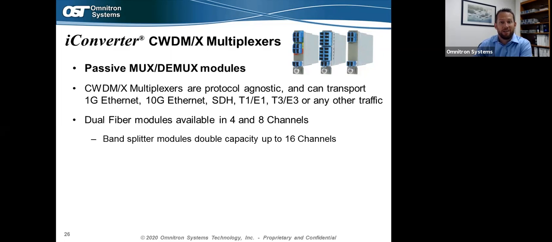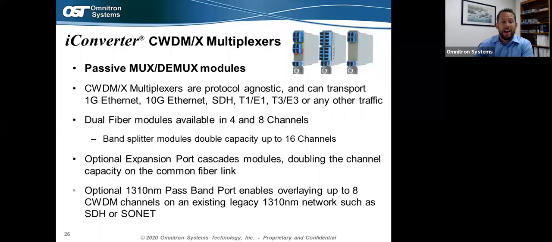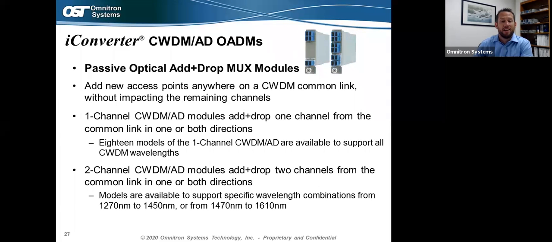And I'll show you an example of that here momentarily. With these 4 and 8-channel muxes too, we also have that optional expansion port, as I mentioned, as far as doubling the channel capacity, and that 1310 passband port, so that you can overlay up to 8 different CWDM channels over your existing or legacy 1310 networks. And then the other type of multiplexer I mentioned is the optical add-drop muxes.